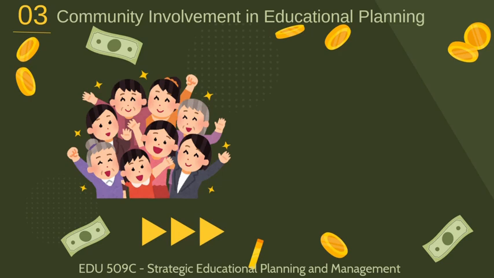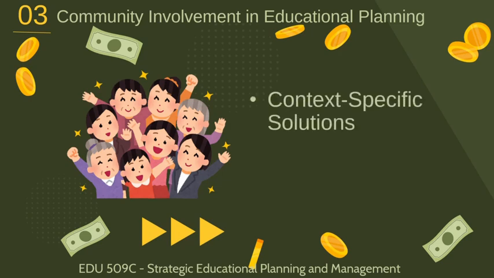So, for instance, we have context specific solutions. Each community has unique challenges and needs. For instance, remote or rural areas may face difficulties with accessibility to schools or lack of teachers. So the community, when they have input, can help identify and address these specific needs, leading to more tailored and effective educational programs.